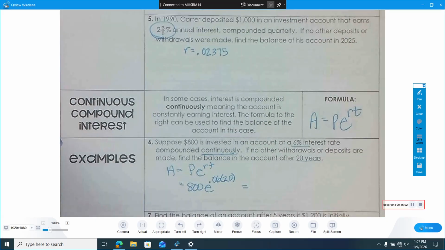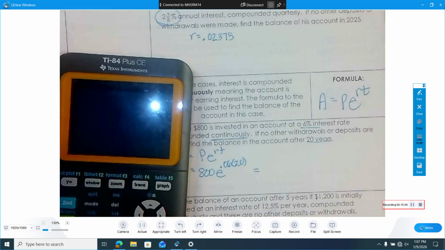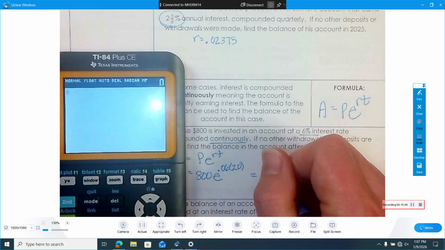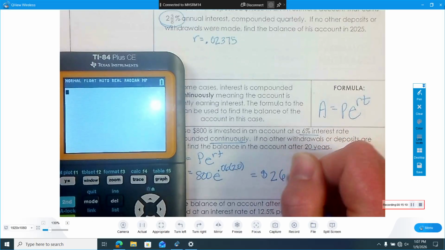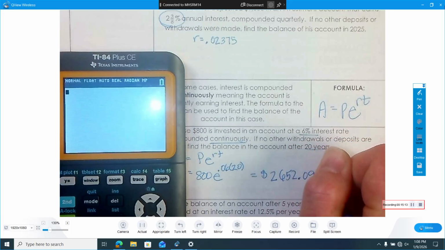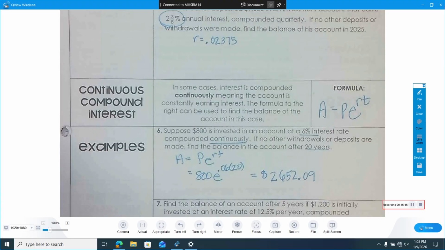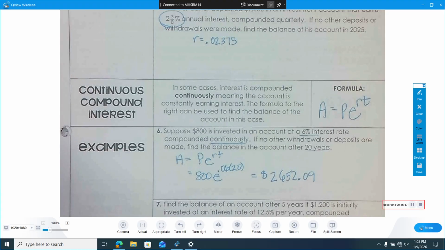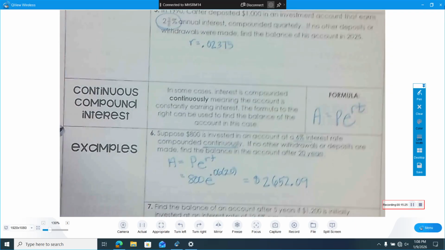Very easy there. Yep, $2,656.09. Let's do number 8, and then we'll be done.